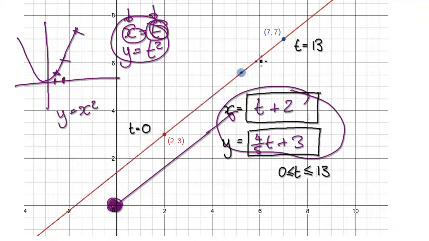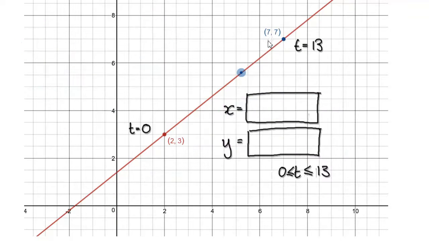But now we need to incorporate time. When t equals 0, the particle starts here, and 13 seconds later you want it to terminate right here at (7, 7). To incorporate time, we need to think slightly differently. You start here, 5 across, 4 up.